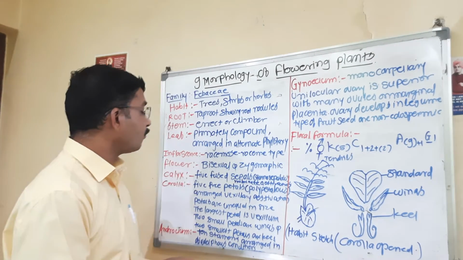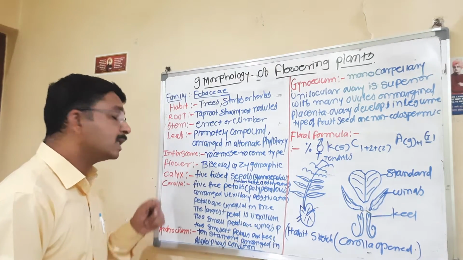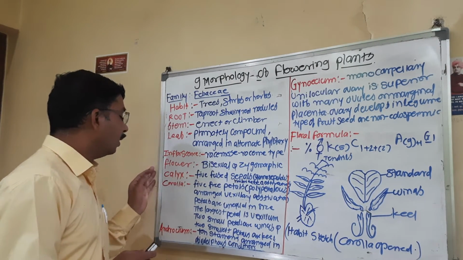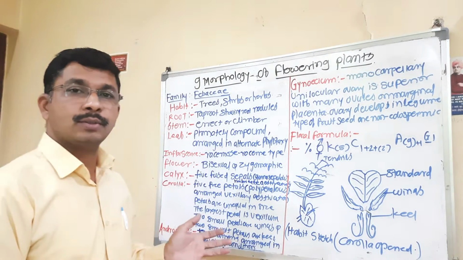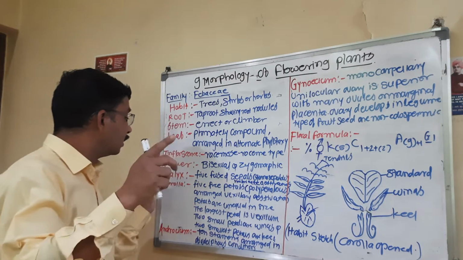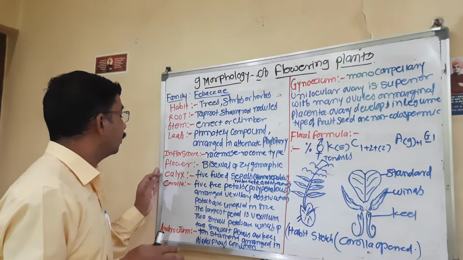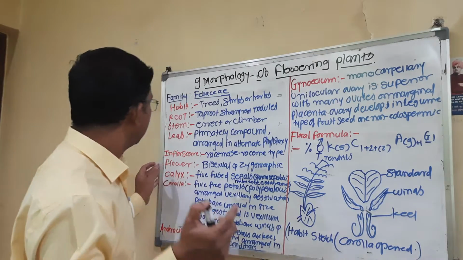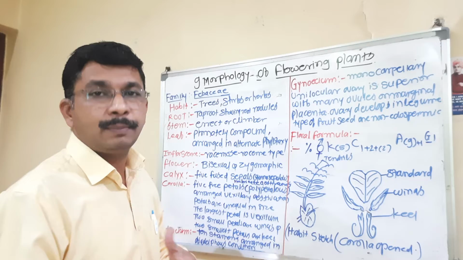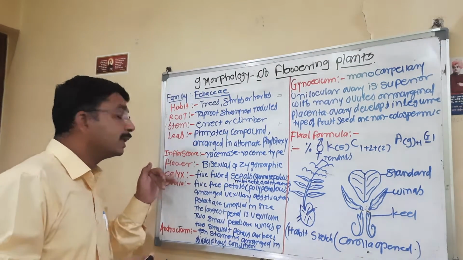Then calyx. What is calyx? Calyx is the outermost part of the flower. A flower is produced for sexual reproduction, and here the flower has calyx.